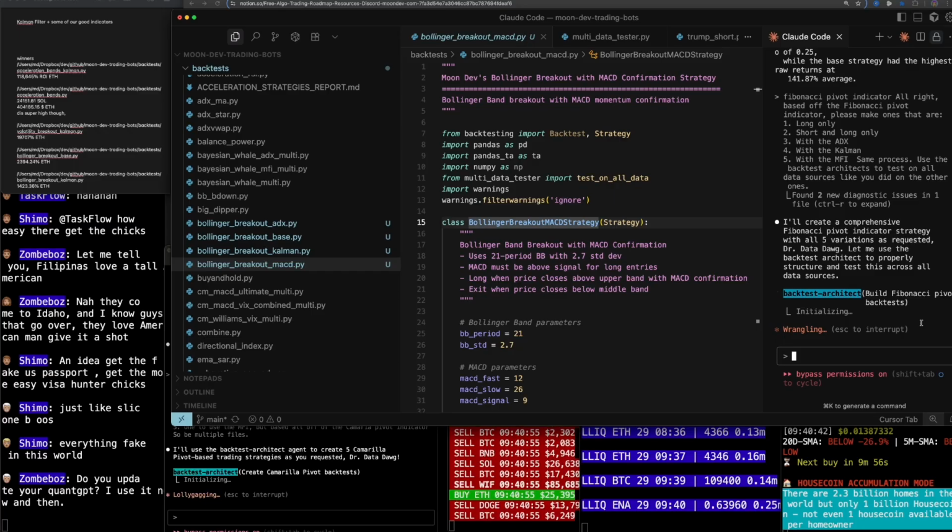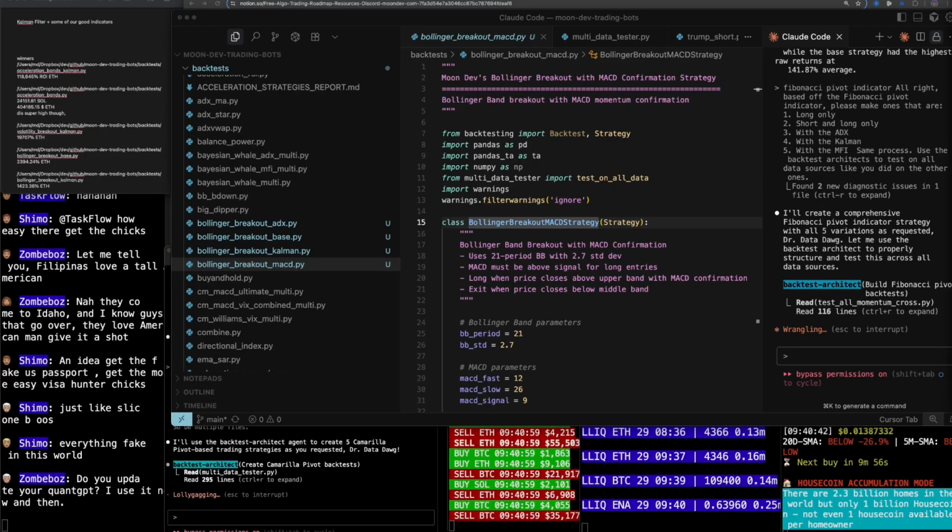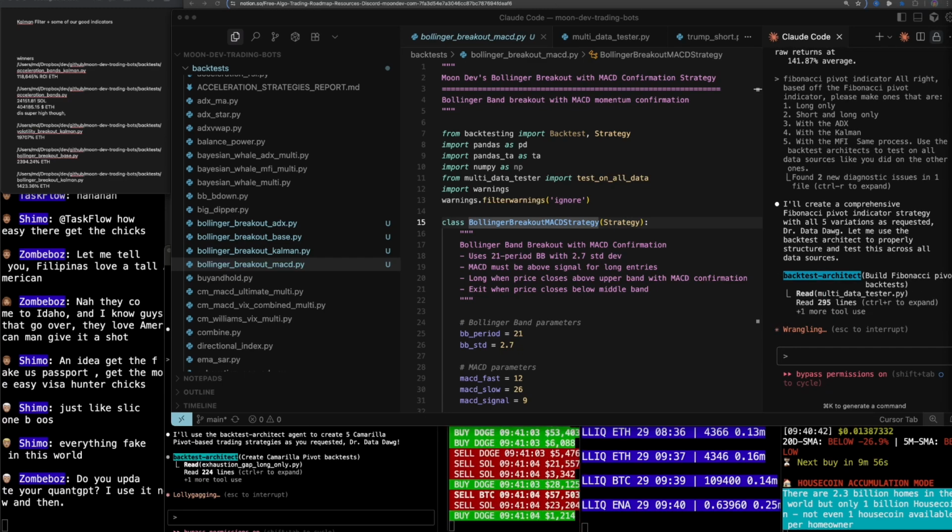Do you update your quant GPT? I use it now and then. I don't actually. But, you know, I set it up to work a long time ago. That's awesome that you still use it, bro.